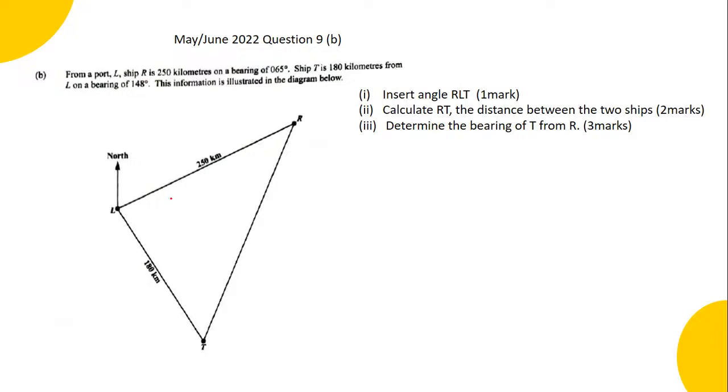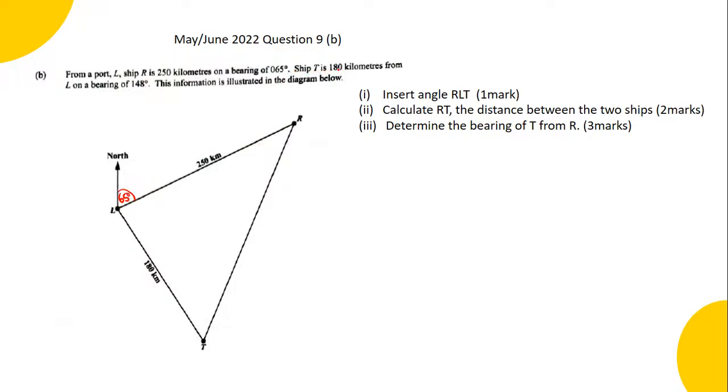They said from a port L, so this is L, ship R is 250 kilometers on a bearing of 65 degrees. So it's from L to R, okay? Wherever it's from is where you are starting. So from here, we have a bearing of 65 degrees.